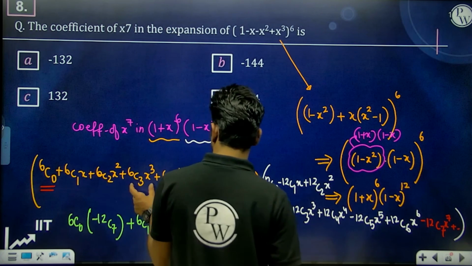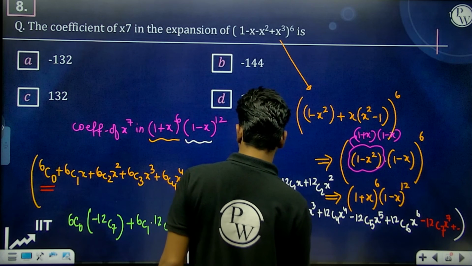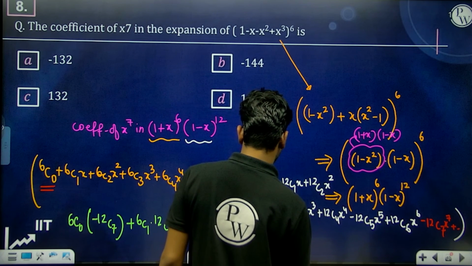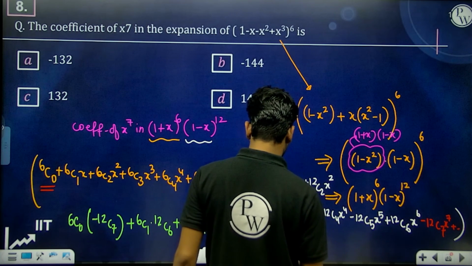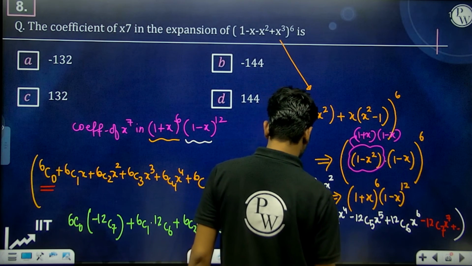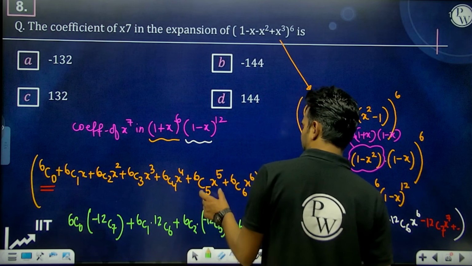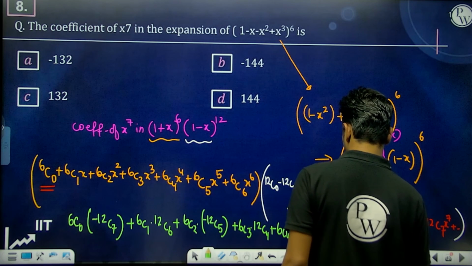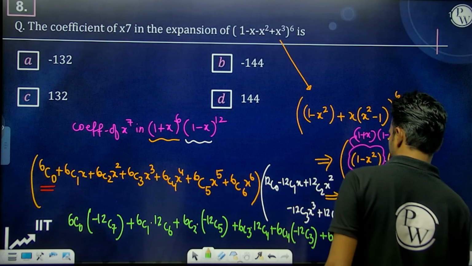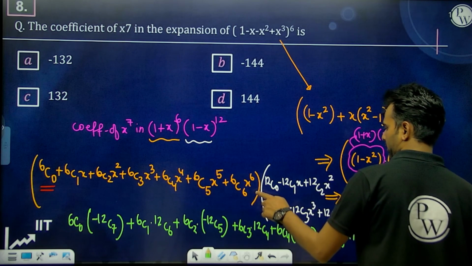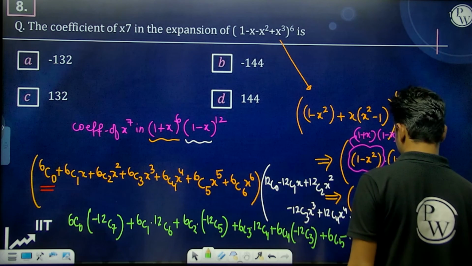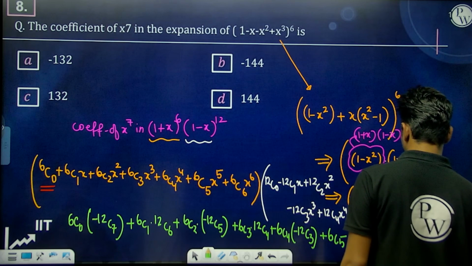If you're multiplying this 6c3, you have to multiply it with 12c4. If you are multiplying this 6c4, then you have to multiply it with minus 12c3. If you are multiplying this, then you have to multiply it with this 12c2. If you are multiplying this, then you have to multiply it with this. So this green one is going to be your answer.